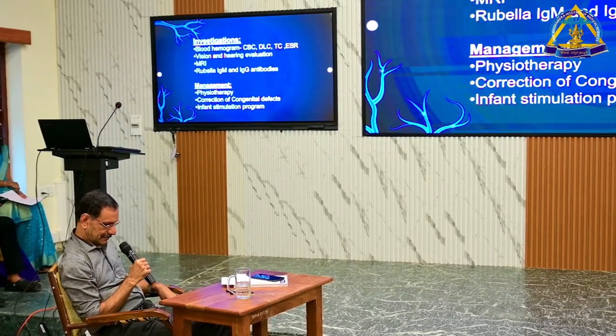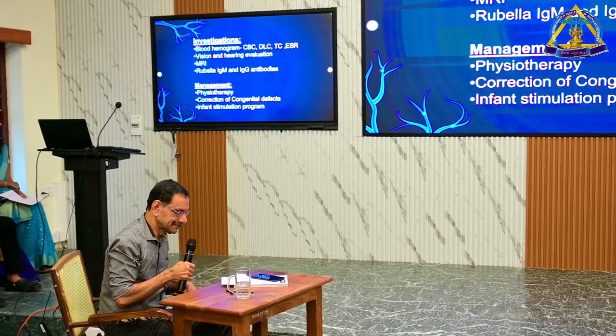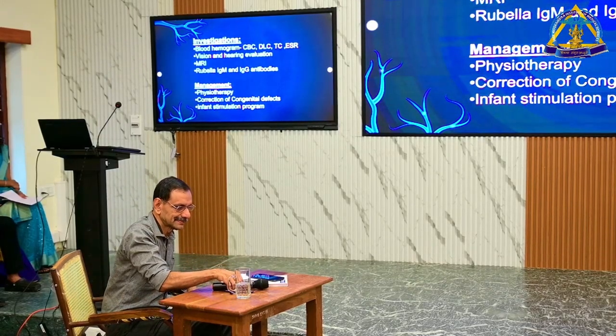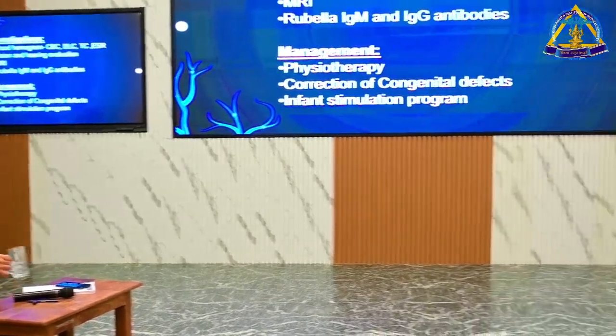So what is the prognosis that you are going to tell the mother? Be very frank with the mother, this child is not going to be normal. But this child can be made to do things like EDT.